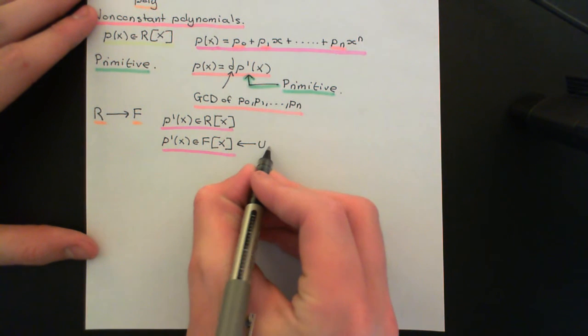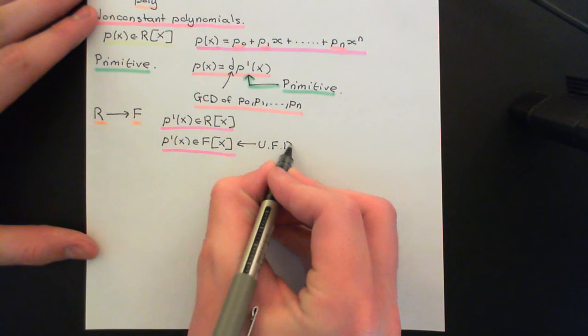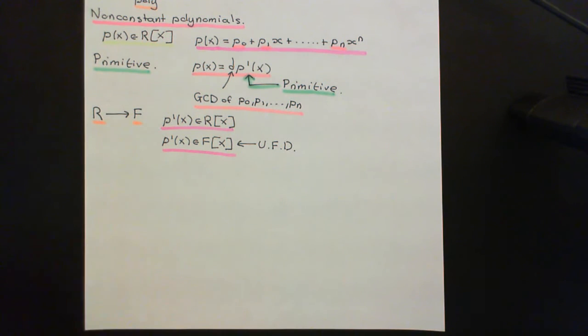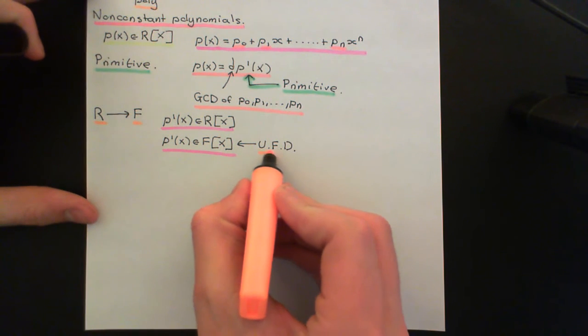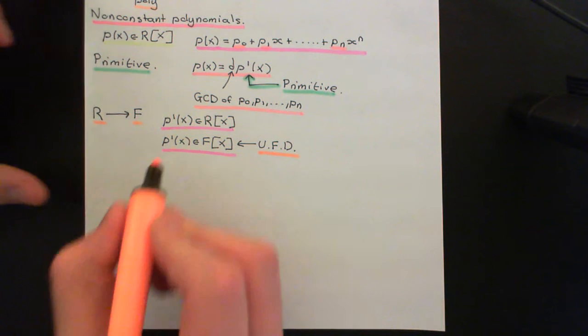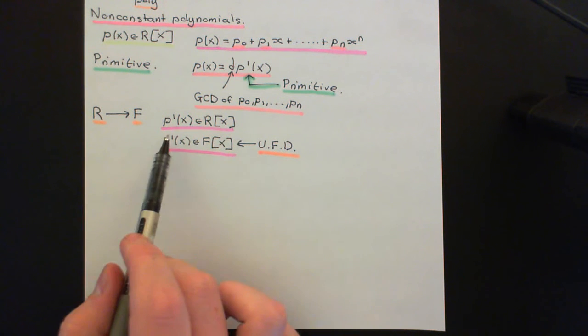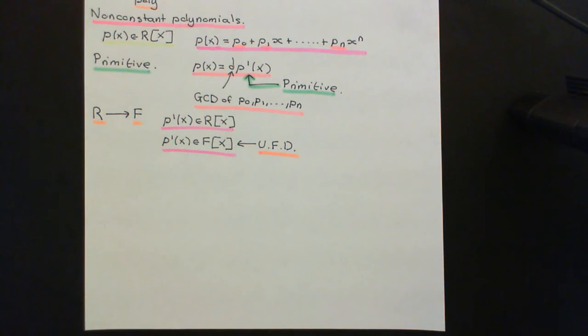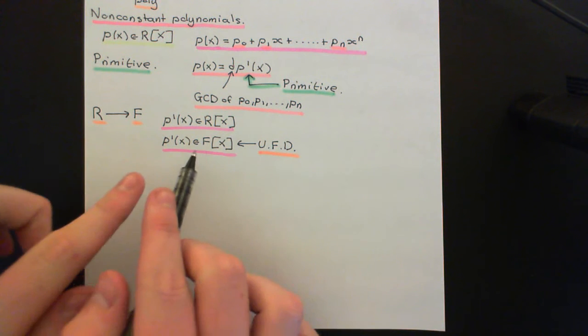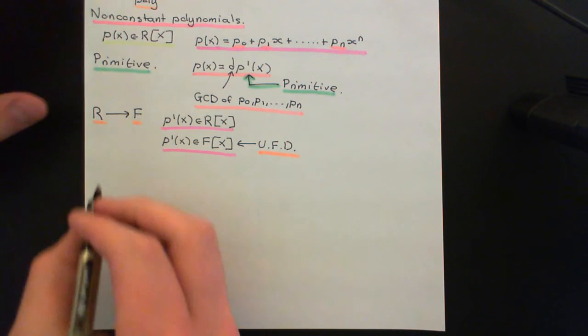So I can instantly conclude that this ring of polynomials over the fraction field is a unique factorization domain, and that means I can factorize p prime of x down into a string of irreducibles. We have a hope that we might be able to use that to find a string of irreducibles that we can multiply together in the ring of polynomials over our unique factorization domain to get p prime of x. So let's firstly do it in the ring of polynomials over the fraction field.